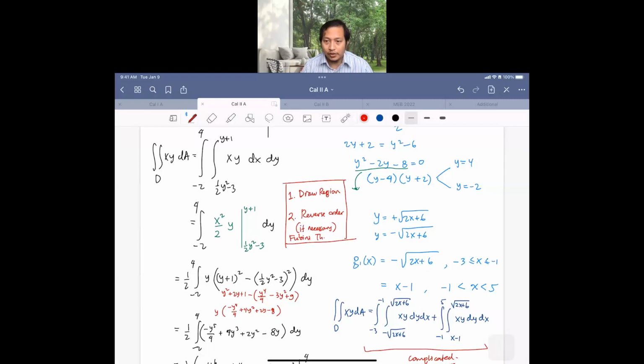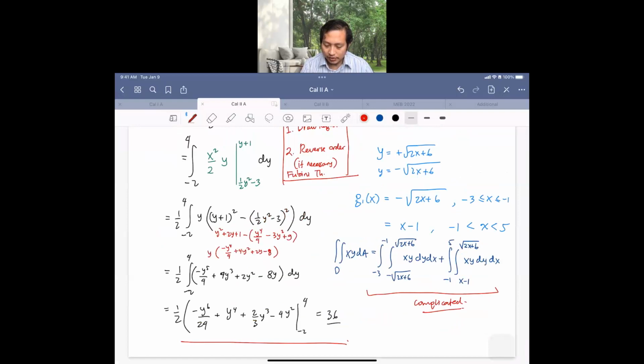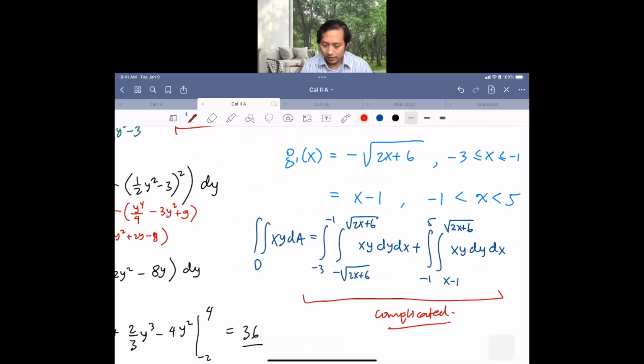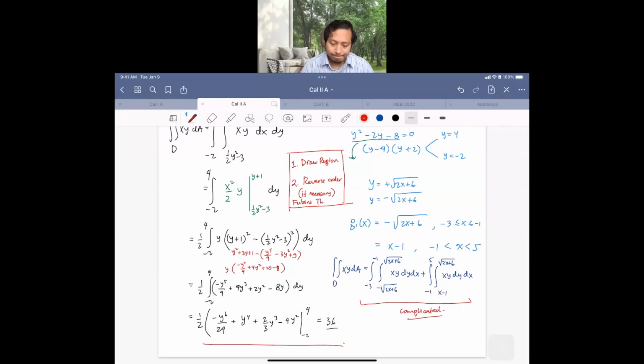If you need to exchange to function of y, and if that is way easier, change to function of y. If not, then you can imagine these integrals here. These integrals are quite difficult, right? So it doesn't matter like the type 1, type 2 you had before.